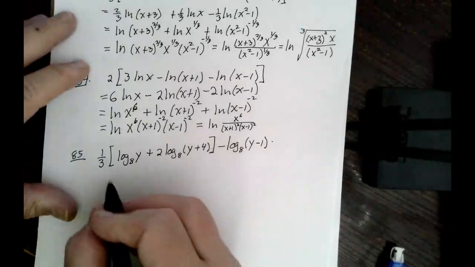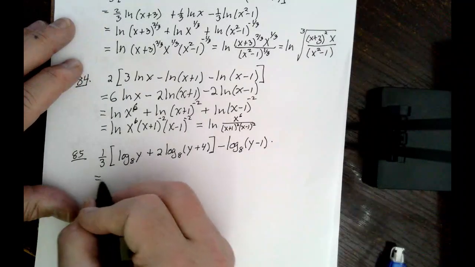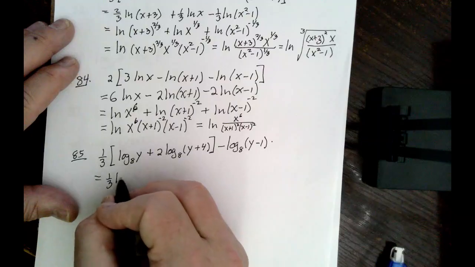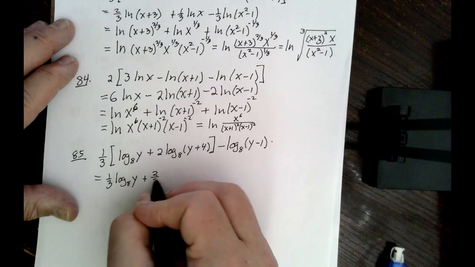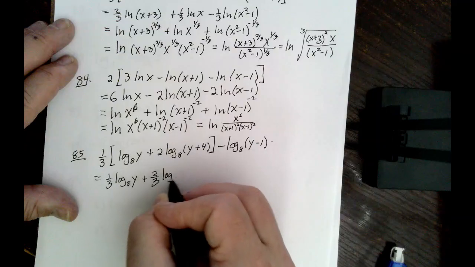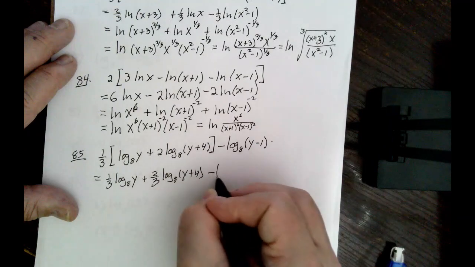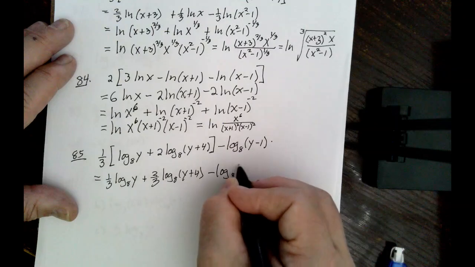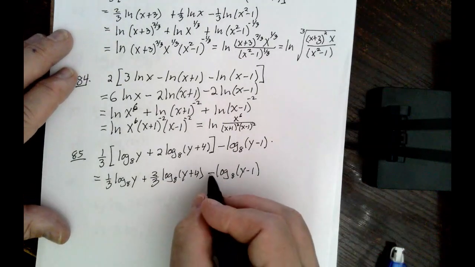Okay, and now this one, you can multiply each of these two by 1/3. And now you can put all these in the exponent, including this negative 1.